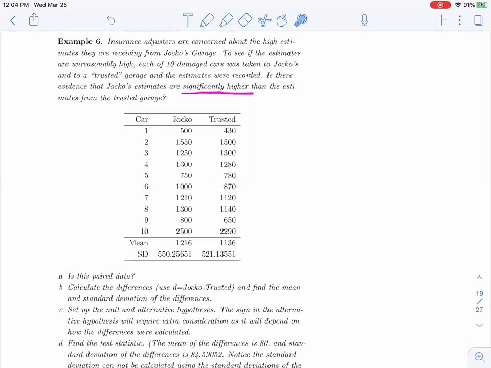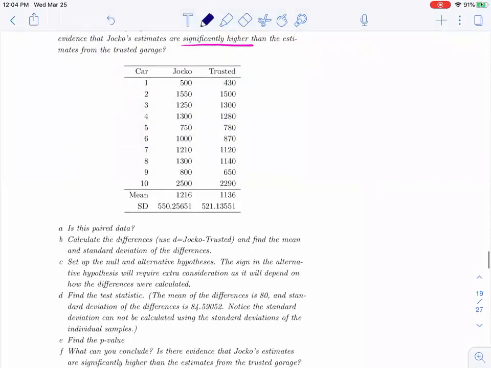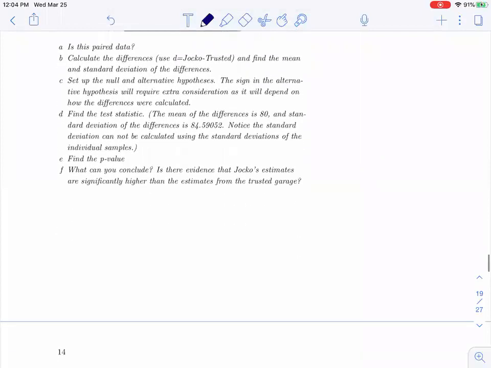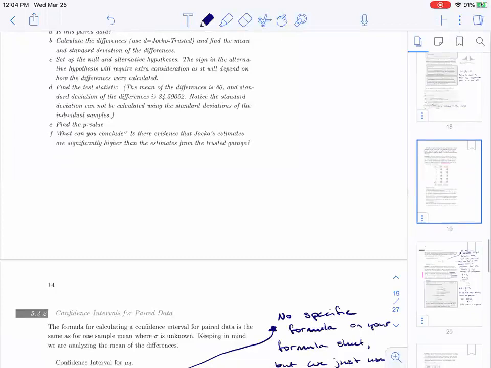So what we want to do is capture the fact that car number 1 had way less damage than car number 2. And so we're capturing these paired differences. The first part here is asking, is this paired data? Let me add a fresh page.